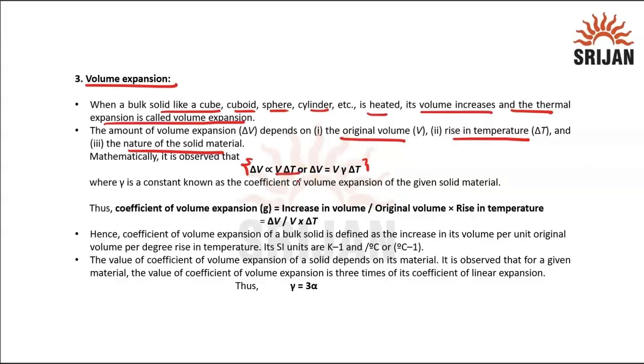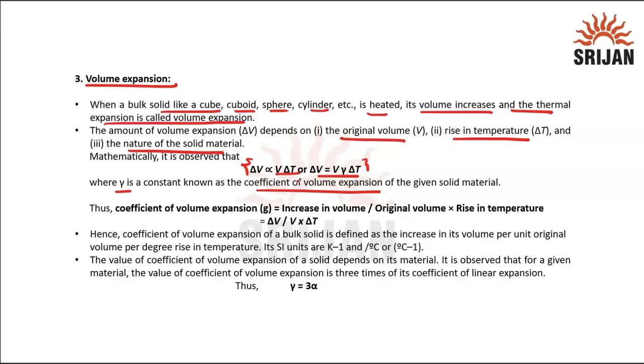Or you can write it like this: delta V equals V times gamma times delta T, where gamma is known as the coefficient of volume expansion of the given solid material. So you can remember alpha, beta, gamma like that.